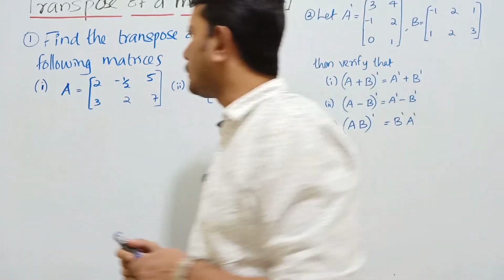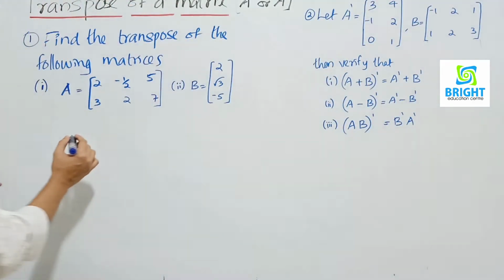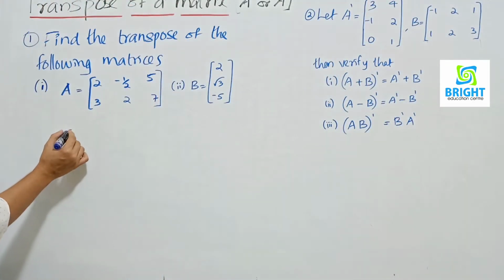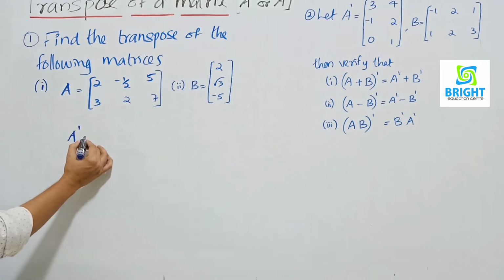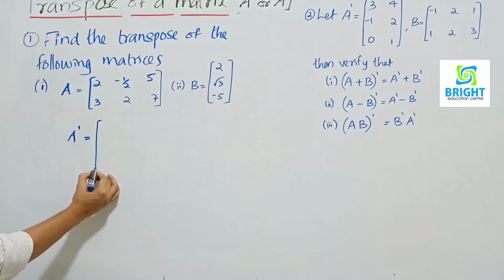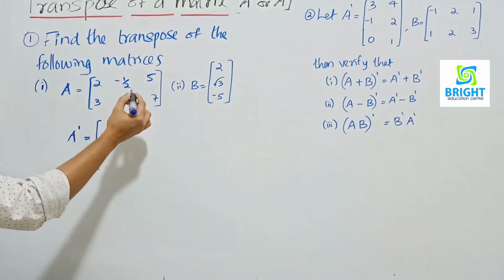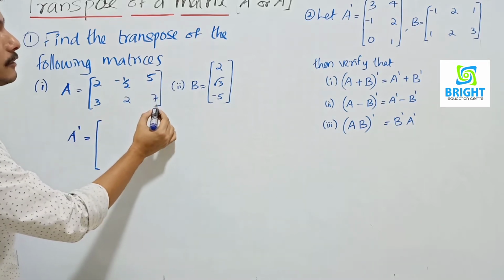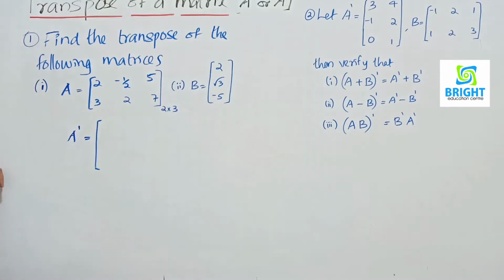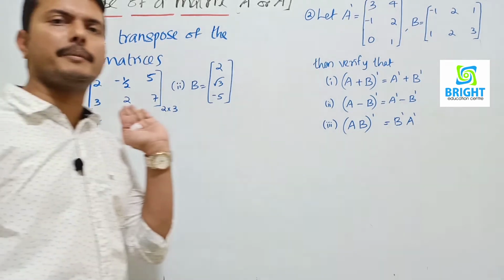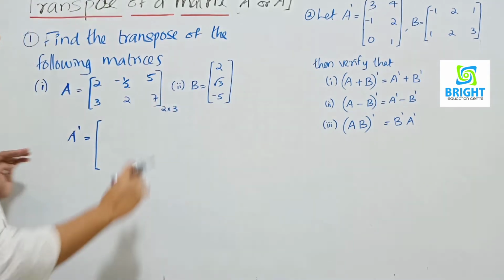How do we find the transpose? A transpose, A dash, will be obtained as follows. What is the order of the matrix that you have to keep in your mind? What is the order of this matrix? It is 2 by 3. So what will be the order of the transpose of the matrix? It will be 3 by 2.